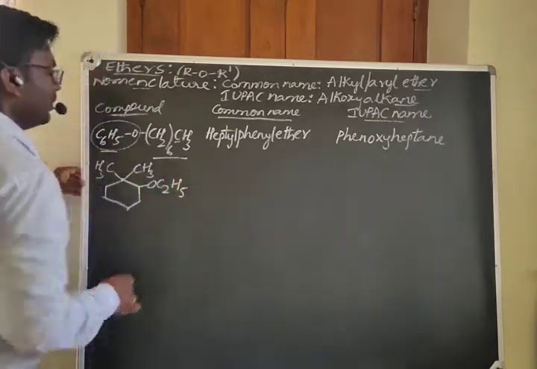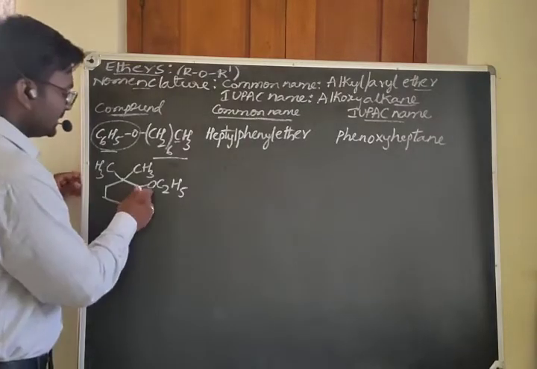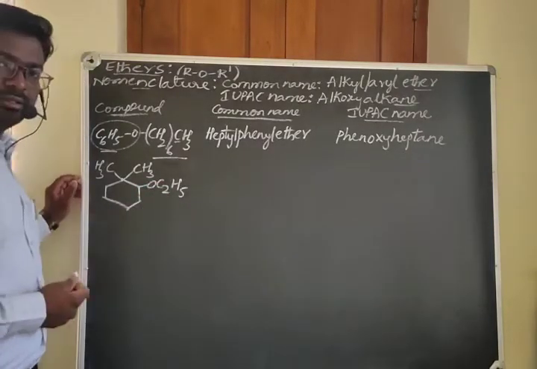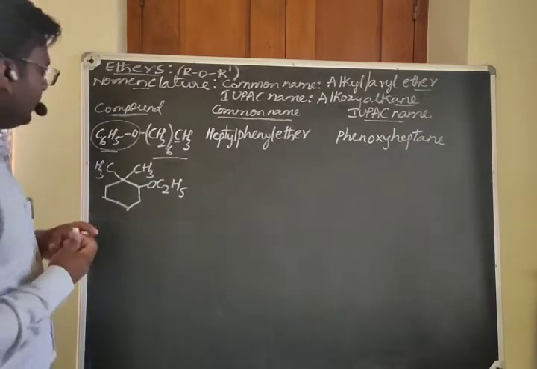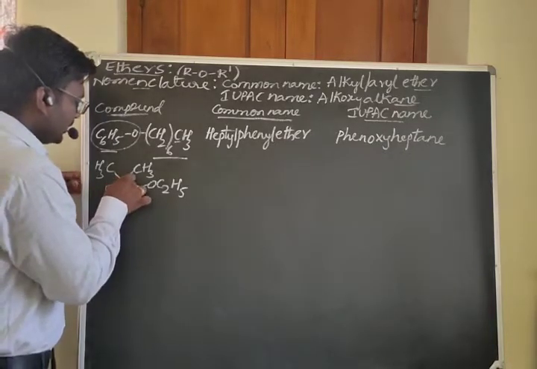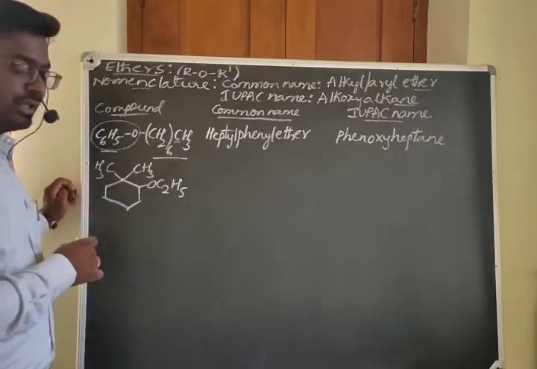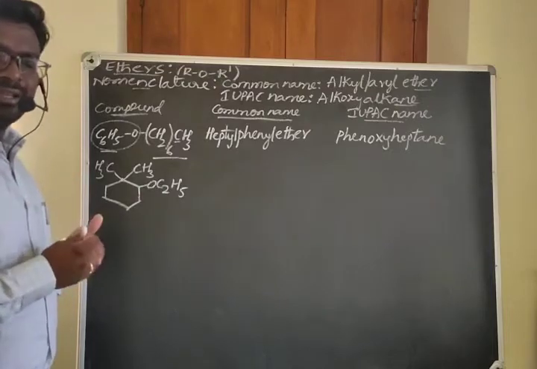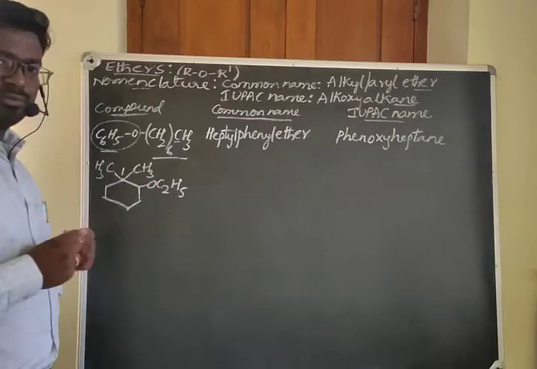If this is the compound, see where you can find the ether group, this R-O-R here. And here we have a difficulty: this carbon is holding two methyl groups, and this one is having one ether group. So which one will be given the least number? The carbon with more substituents.